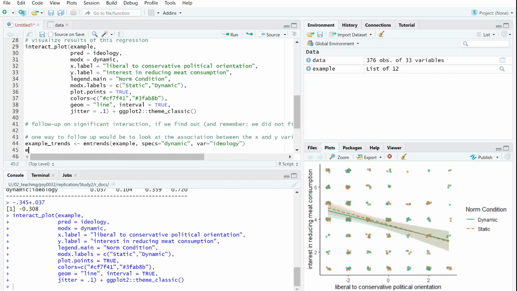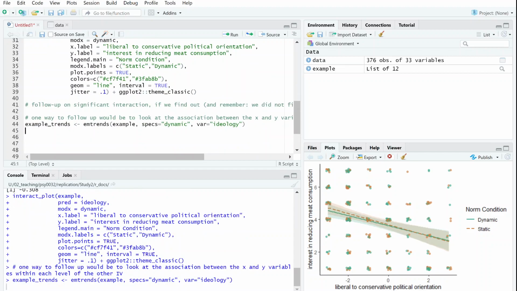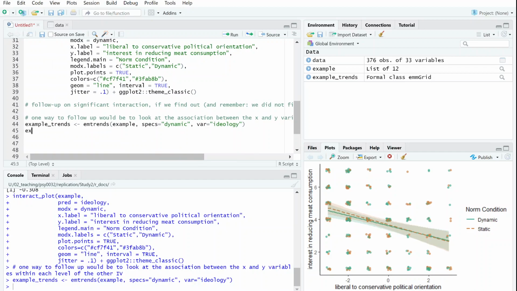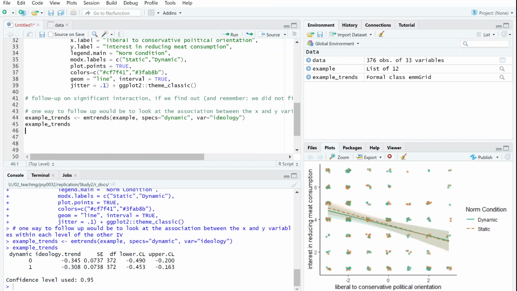And when we run that command, we have a new object here in the environment called example_trends. And we can see what that example_trends object contains by simply running that command and saying, hey, show me example_trends.